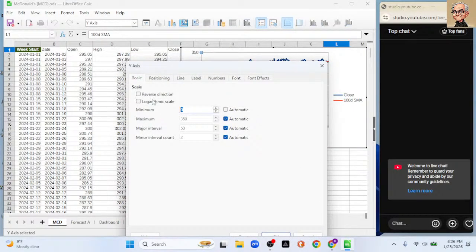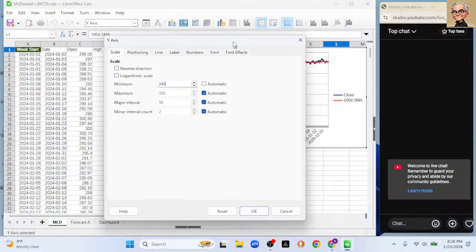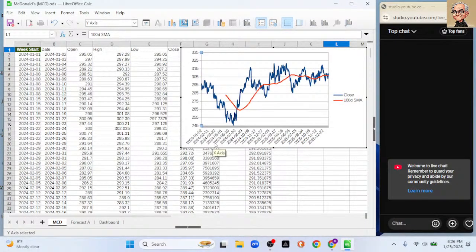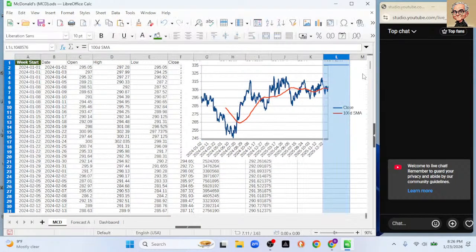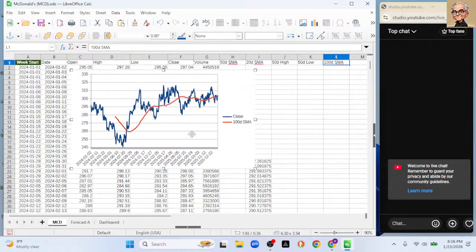Let's start at 245. Okay. Oh, well, this isn't good, is it? Really, my goodness, this is the 100 moving average, right?